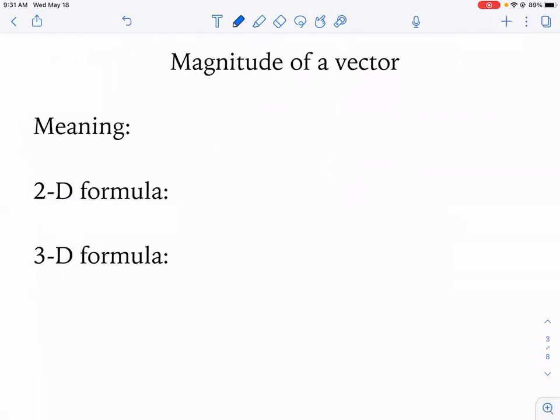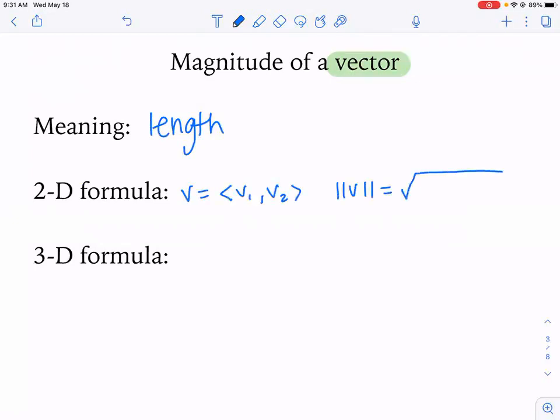All right, so let's remember some things. What does magnitude mean when we are talking about a vector? Length. So if we have the vector v with our two components, then the magnitude of vector v, we took the square root of horizontal component squared plus vertical component squared.